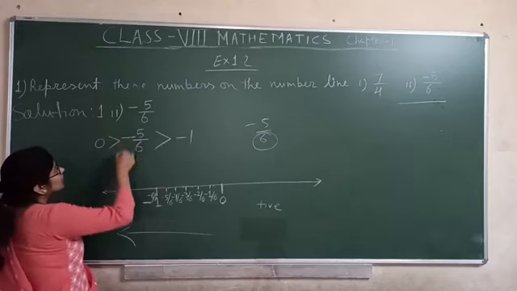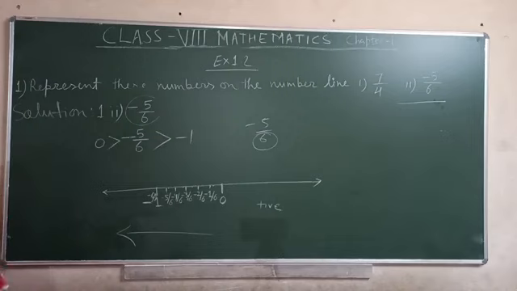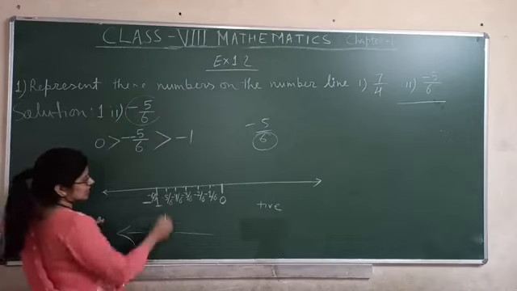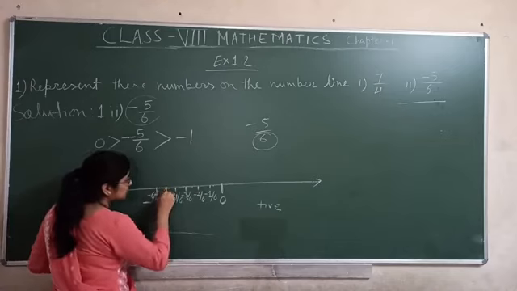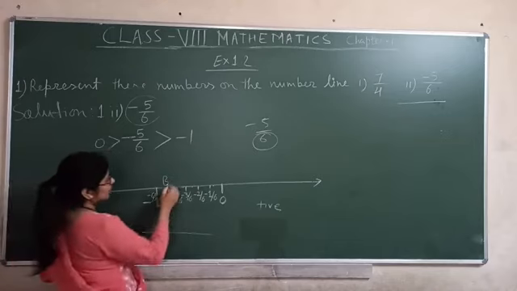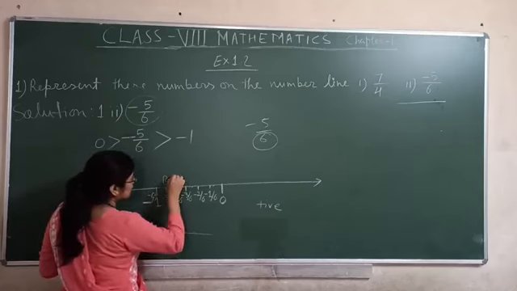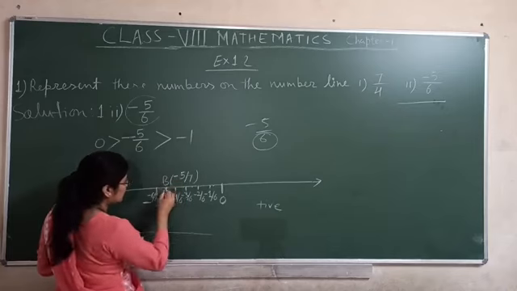Now we have to focus on this one, minus 5 by 6. So where is minus 5 by 6? This point represents minus 5 by 6. So we will write the point name and the value of the number, minus 5 upon 6.